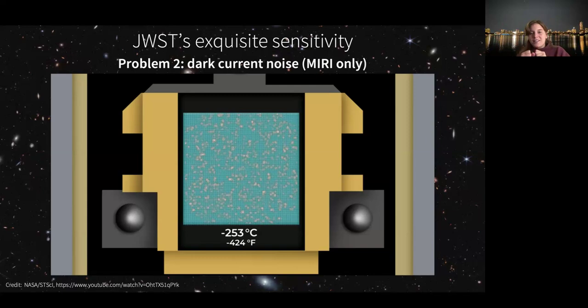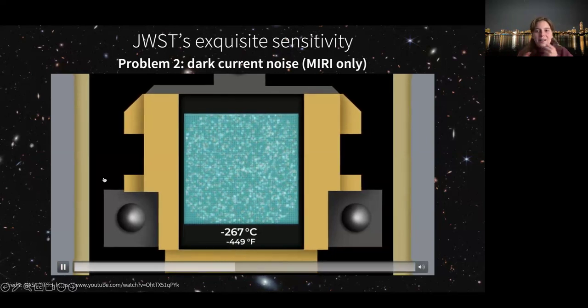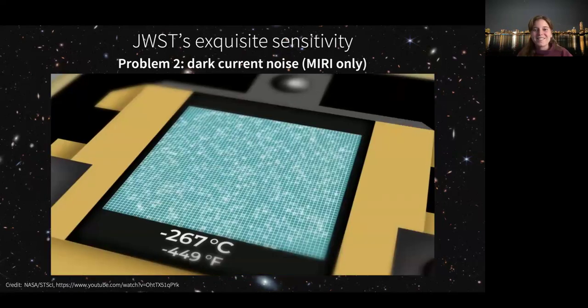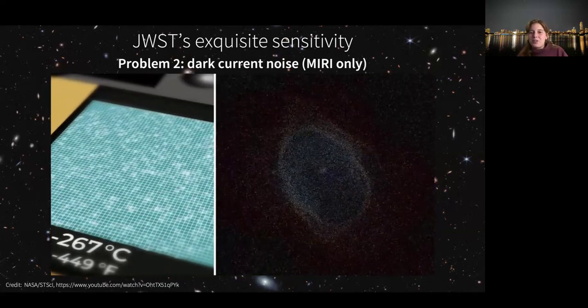The level of this random motion is dependent on the temperature. It's like Brownian motion, so if you cool them down, you can allow them to move less quickly. It turns out that for MIRI, when you cool down below a certain temperature, this becomes the dominant source of noise: all these electrons in your detector are moving around a little too fast, generating too much noise for your mid-infrared detector to generate a good image.